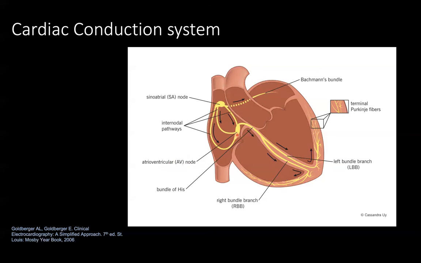After the atrioventricular node processes the electricity, it will spread through the bundle of His and spread evenly again into the right ventricle and left ventricle through the bundle branches. And then finally, the electricity will come into the Purkinje system.